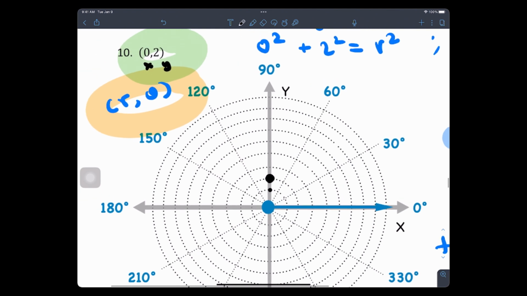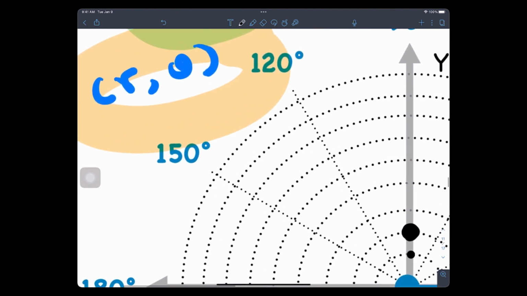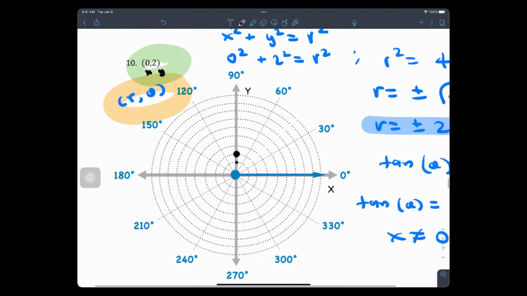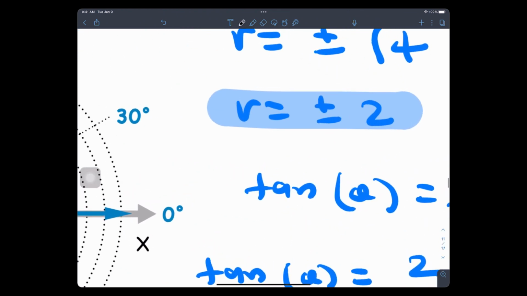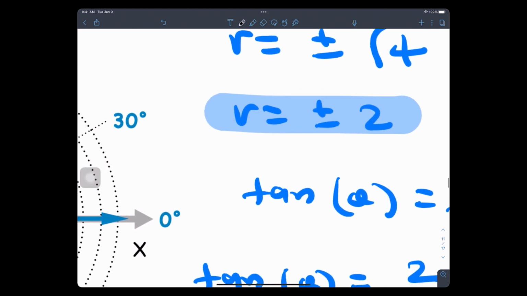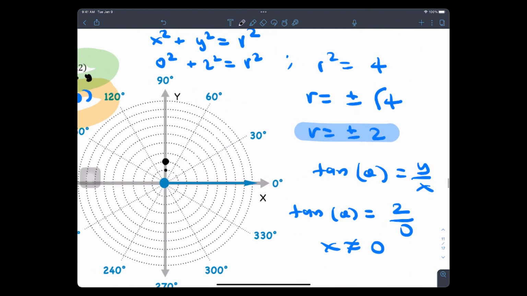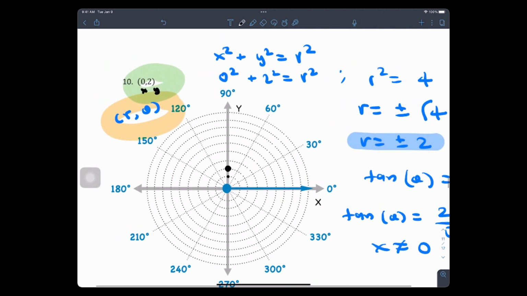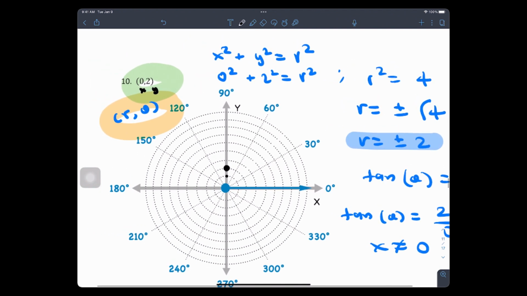So in terms of the polar representation, if I used the positive radius of 2, what does my angle have to be? Anybody know? You're looking at it. What does theta have to be here, ladies and gentlemen? 90 degrees.